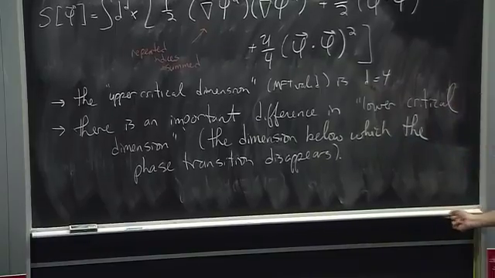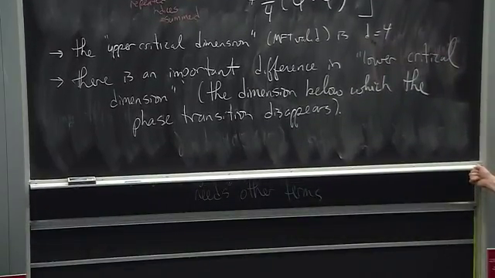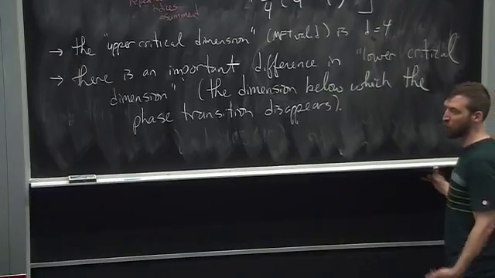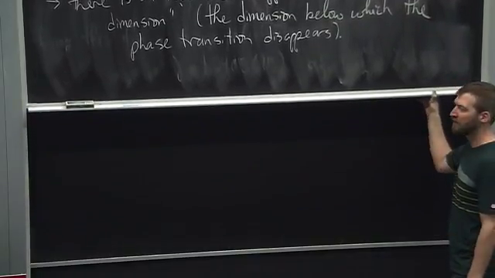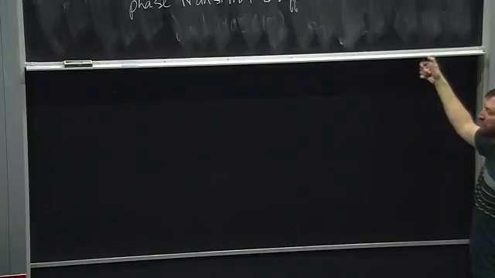So in the Ising case, we already saw this. We already argued from many different perspectives that there's no Wilson-Fisher fixed point. There's no Ising phase transition in one dimension. I think the nicest thing was looking at the RG flows, but there are other ways to think about this.